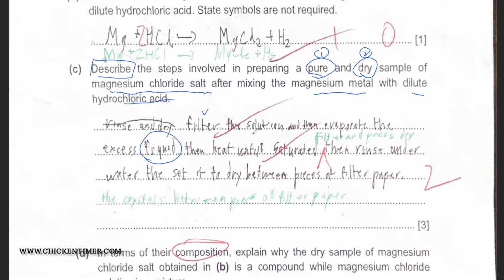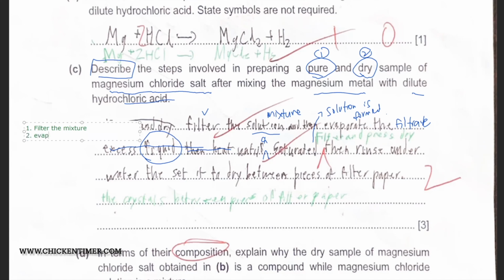So filter the mixture, and then evaporate the filtrate until a saturated solution is formed. Then you are still missing some steps. Before you filter, press and dry, you should have another step. Number 1 is filter the mixture, then evaporate the filtrate, or you can say heat the filtrate until a saturated solution is formed.